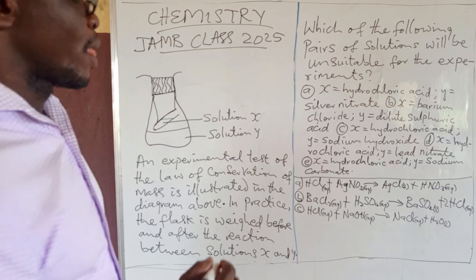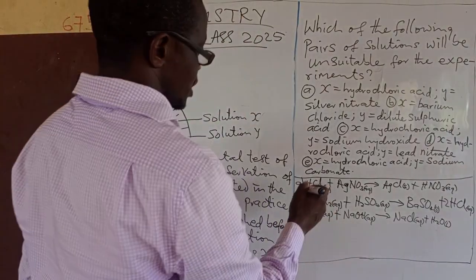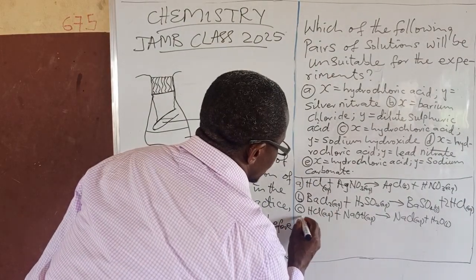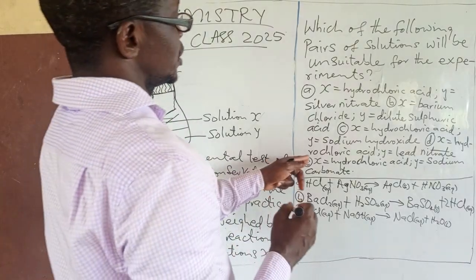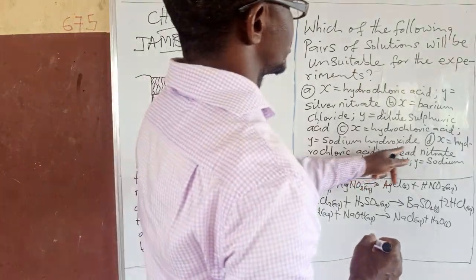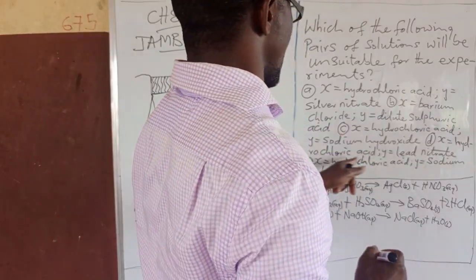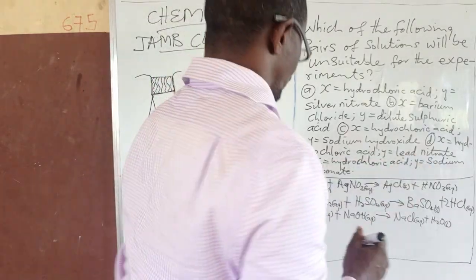Okay, now let's see the next one, D. Where's D? Hydrochloric acid, lead nitrate.